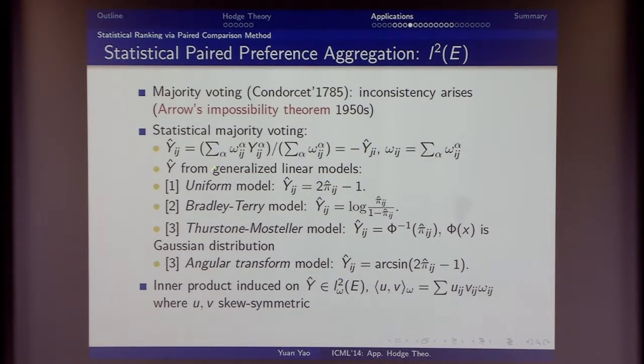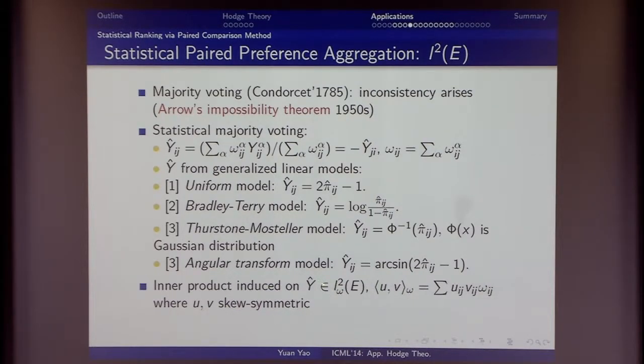From the statistical society, people can aggregate pairwise comparisons using various kinds of models depending on whether the data is a preference degree or binary choice. You can choose various kinds of models, and all these models give you abstract data.